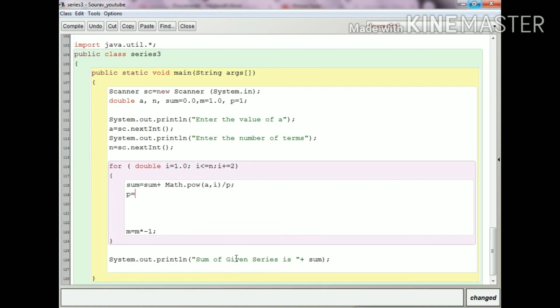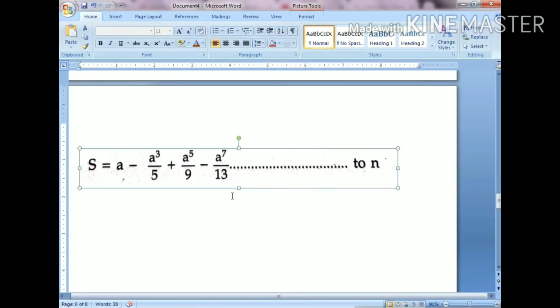So next time p increases, p becomes 5, then p becomes 9, then p becomes 13, and the a power 1, a power 3, a power 5, a power 7 by the holder p.